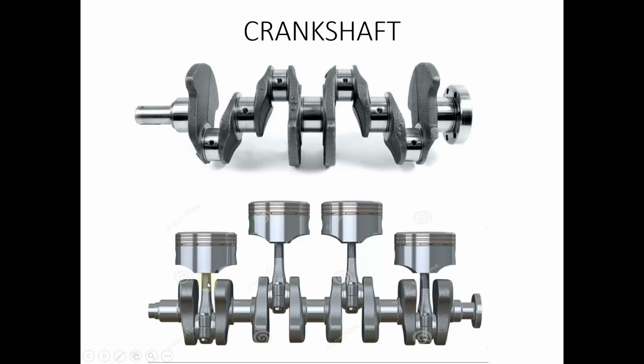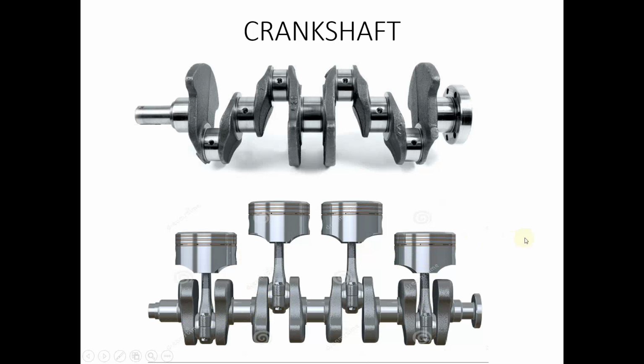Now if you look at the arrangement here, this crankshaft is for a 4-cylinder engine. We'll have 4 pistons that are mounted like this, 2 pistons and the next 2 pistons, so they will be symmetrical.